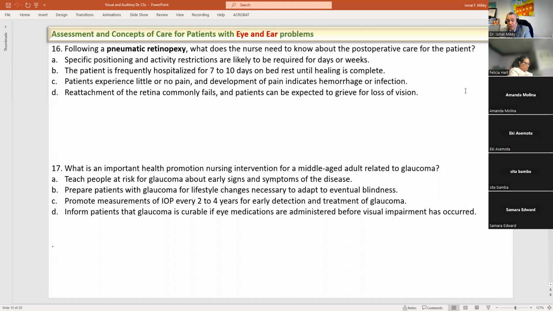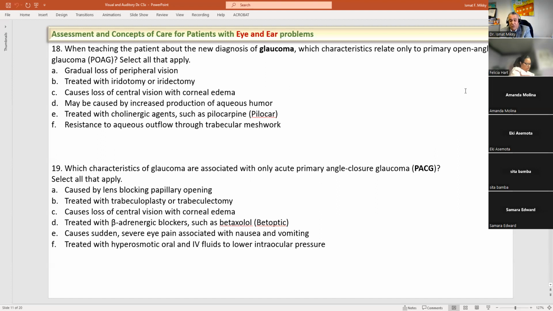And patients with a family history of glaucoma will have more frequent measurements.